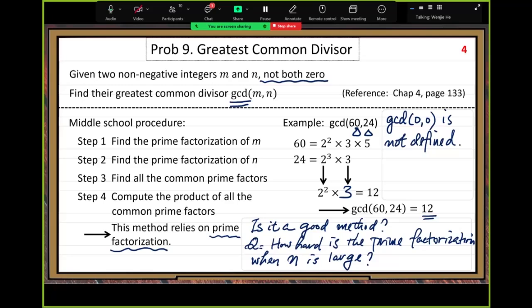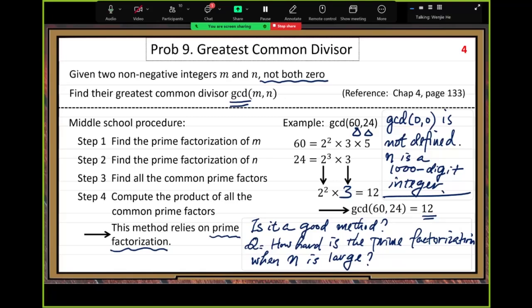Think about you have an integer as big as a 1,000 digit integer. If you need to do prime factorization on a 1,000 digit integer, how hard is it? The answer is extremely hard.